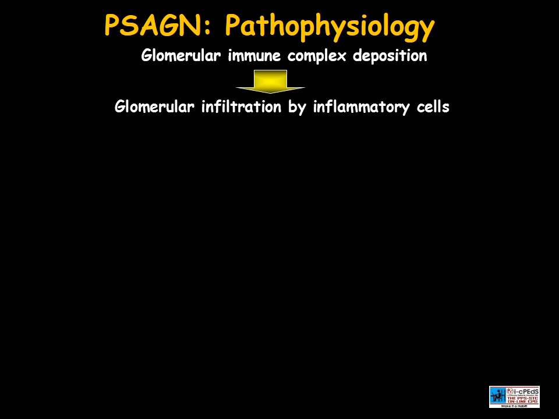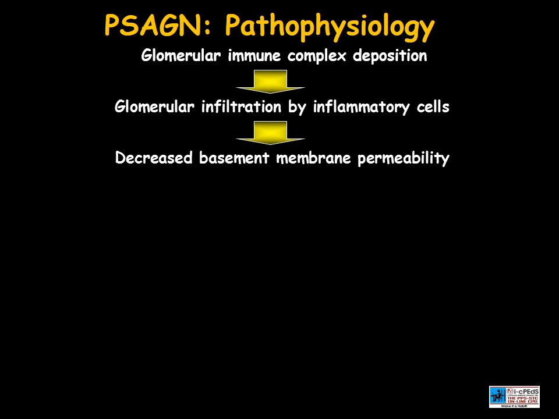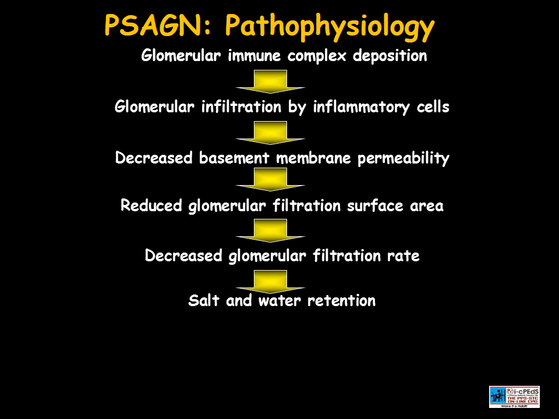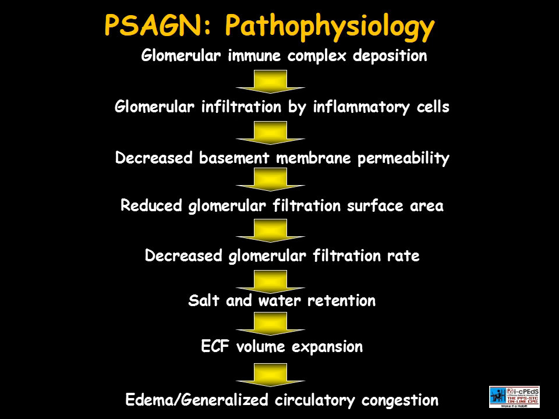This is followed by glomerular infiltration by inflammatory cells such as PMNs and leukocytes, and because of this, the basement membrane permeability is decreased, leading to a reduced glomerular filtration surface area, which thereby would decrease the glomerular filtration rate. Because of the decreased GFR, there will be salt and water retention, leading to ECF volume expansion and edema or generalized circulatory congestion.